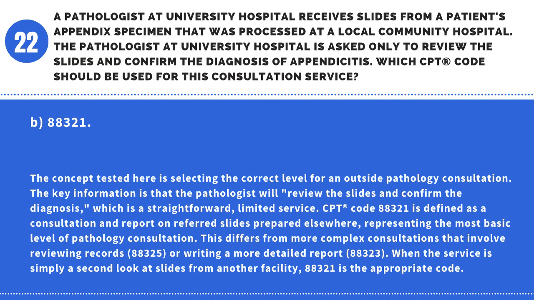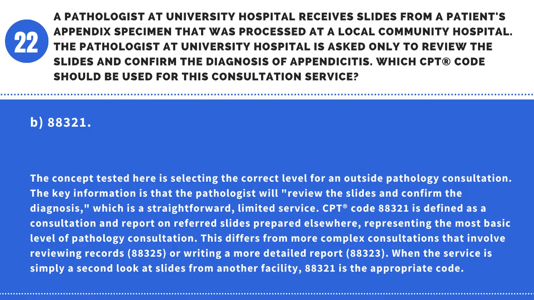Answer: B. 88321. The concept tested here is selecting the correct level for an outside pathology consultation. The key information is that the pathologist will review the slides and confirm the diagnosis, which is a straightforward, limited service.